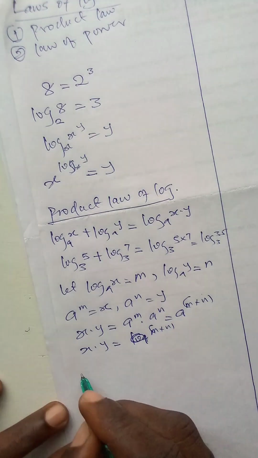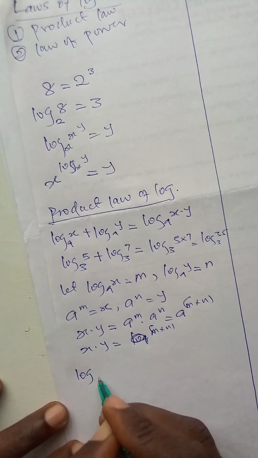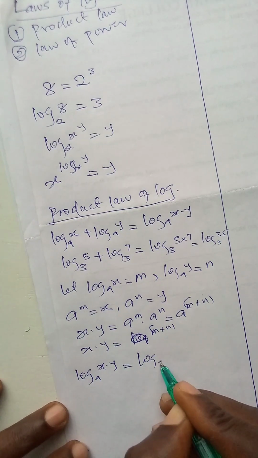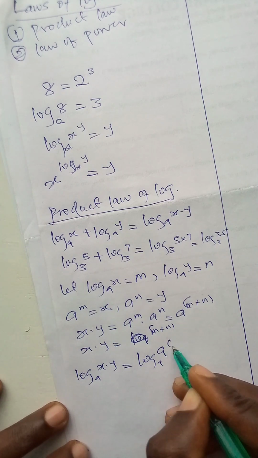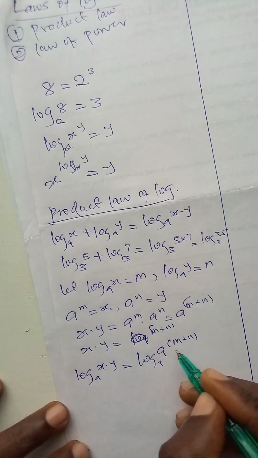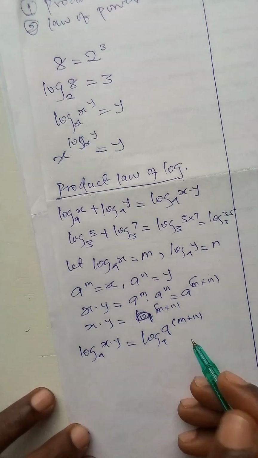If we take log to base a of both sides, we have log to base a of x times y will give us log to base a of a raised to power (m plus n). It is important to put this bracket here because we are considering m and n as a single term.